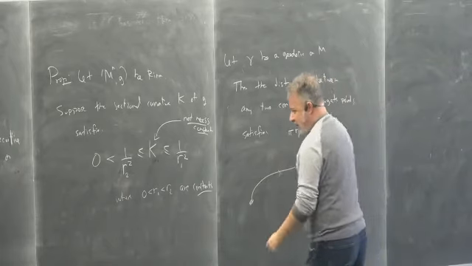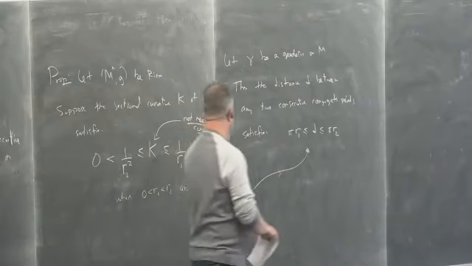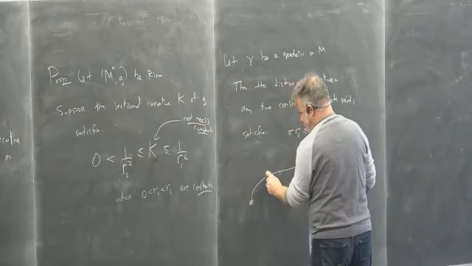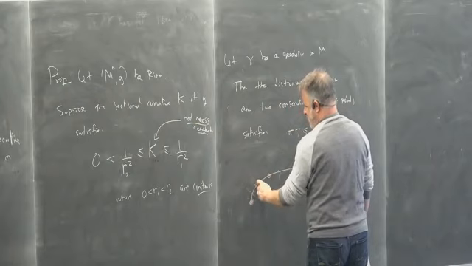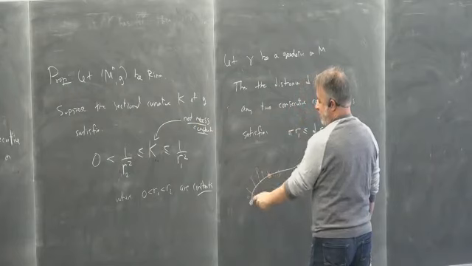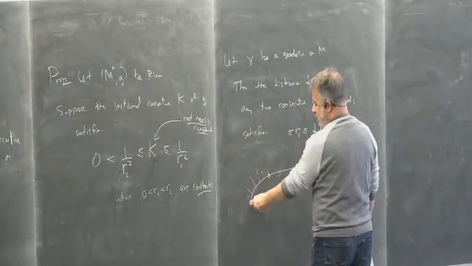So let's get the colors. If this is the initial point of the geodesic, and then this point is conjugate, that means there's some normal Jacobi field which vanishes at the two endpoints. Okay, so there might not be any point conjugate to this one, right?